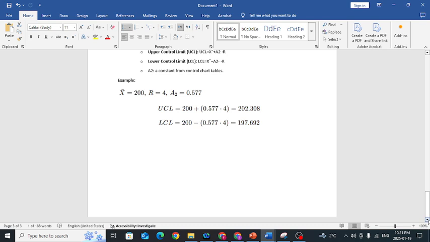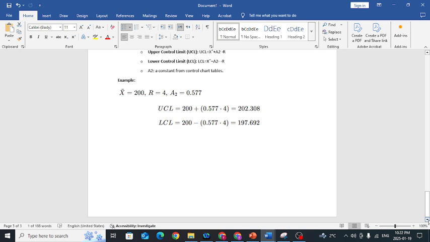So guys, to solve the UCL and LCL, at first we should solve the X bar and R, and after that we should find the A2 according to the number of samples in a constant table, which is default and you can use it. So now the UCL and LCL are ready.